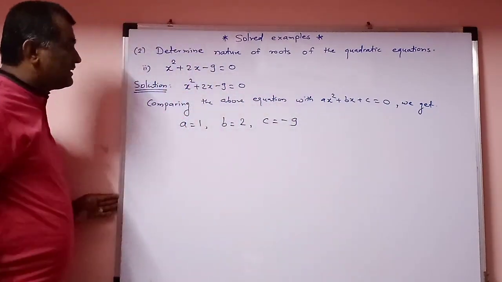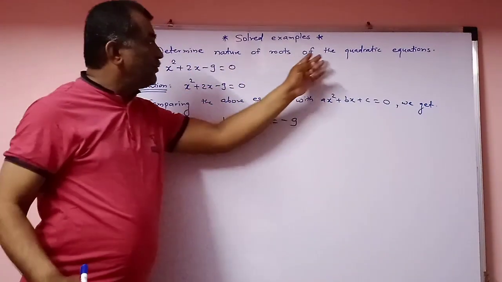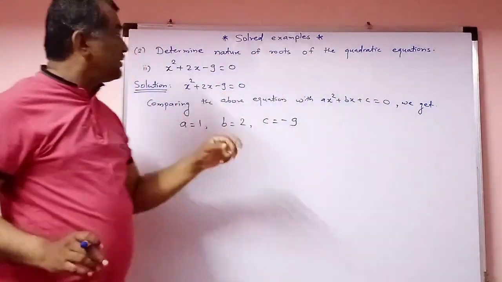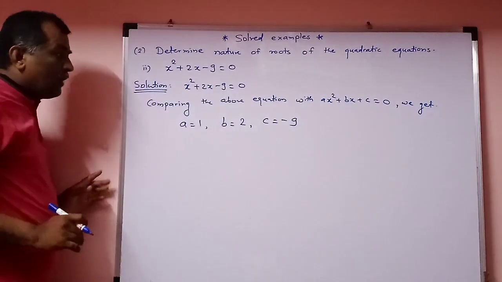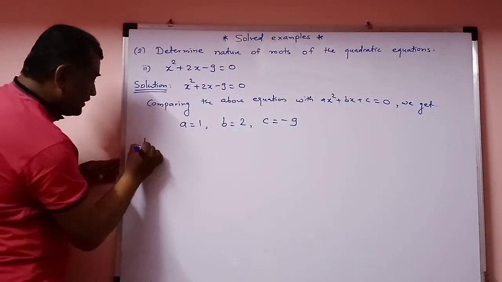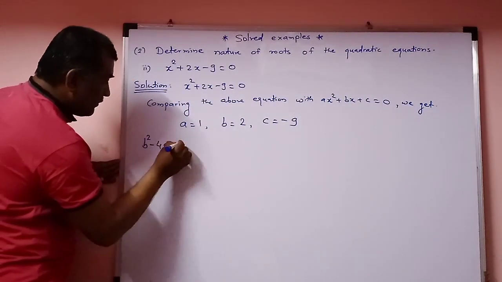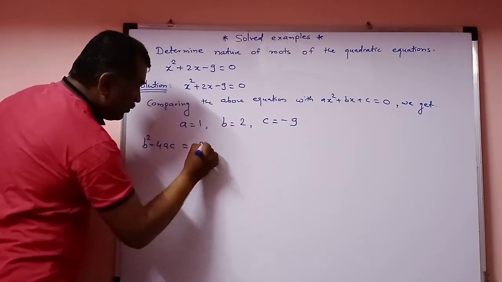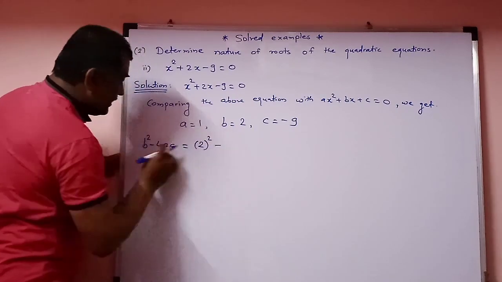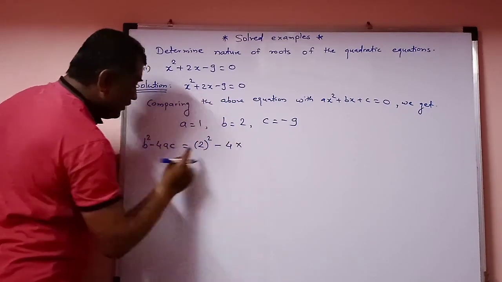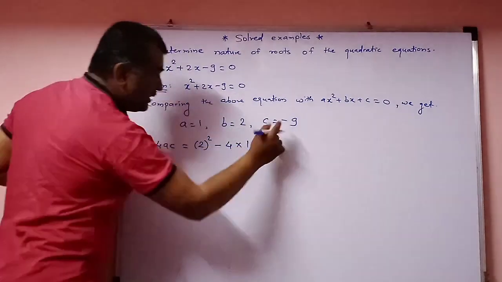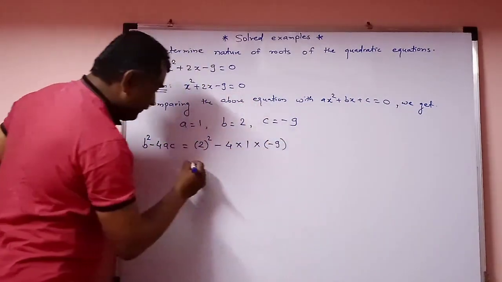Now what to do here, see, determine nature of roots of a quadratic equation. The nature of roots of a quadratic equation is determined by the value of b square minus 4ac. Calculate value of b square minus 4ac. b square, 2 bracket square minus 4 into value of a 1 into value of c minus 9.